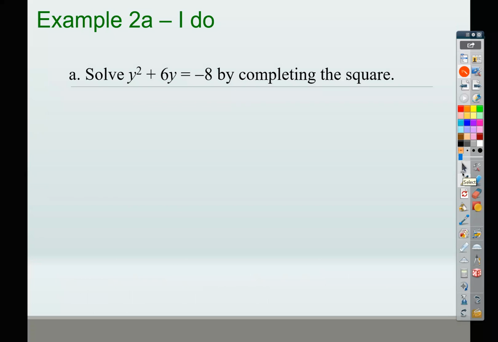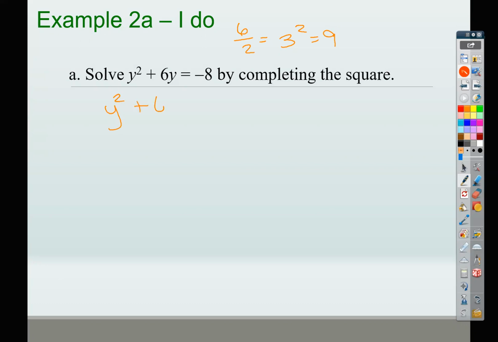So let's try this one. Let's look at it first. My coefficient is a 1, so I'm good there. I have all my variables on the left and all my constants on the right, so I'm where I want to be. Now I'm going to take that 6, divide it by 2, and square that, and I get 9. So that is completing the square.